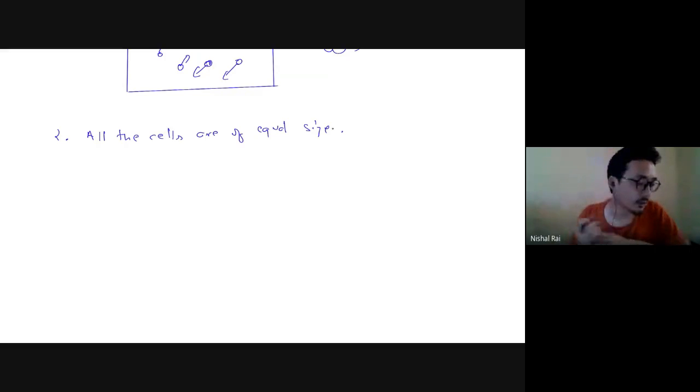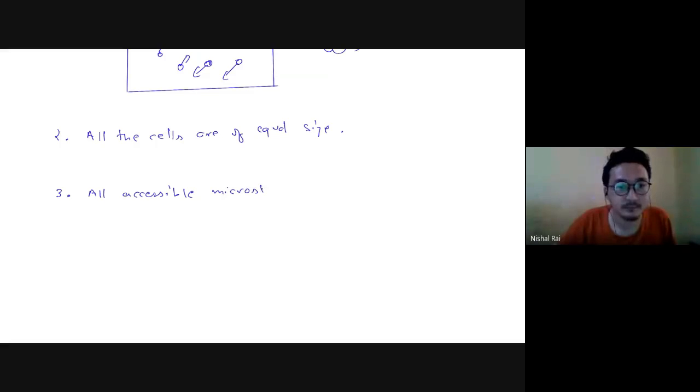Now third is very important. Now the third is a very important law which tells you all accessible microstates corresponding to possible macrostates are equally probable.